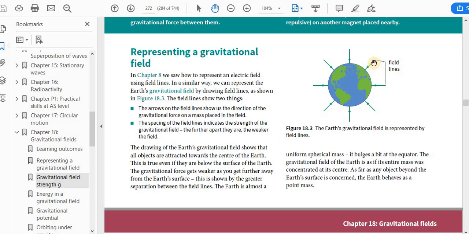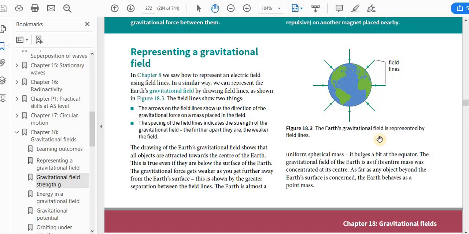If you keep an object close to the surface of the earth or even far away, the gravitational pull of the earth on the object is towards the center of the earth. So these arrows should point towards the center of the earth. They point along the radius of the earth.